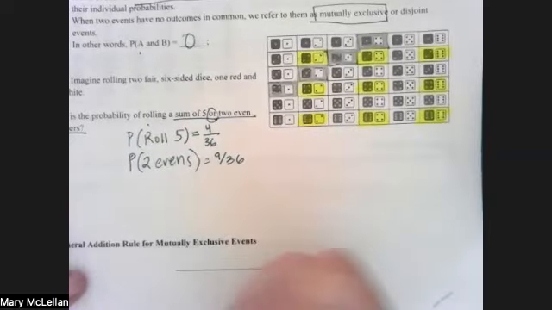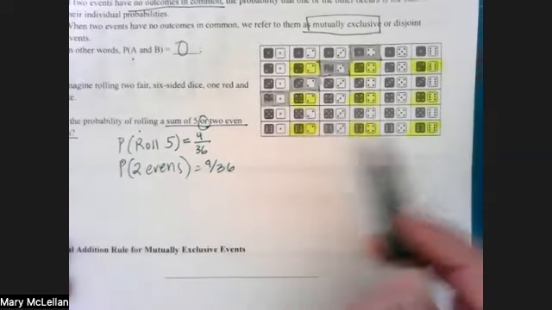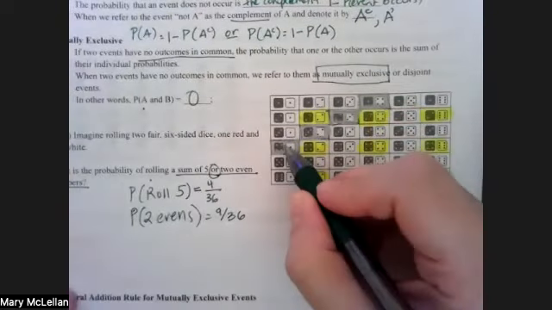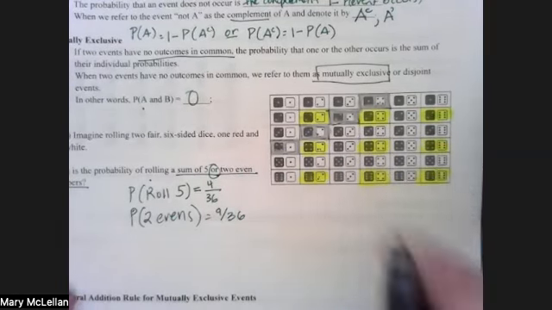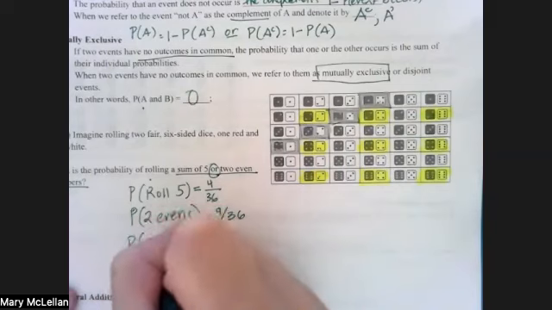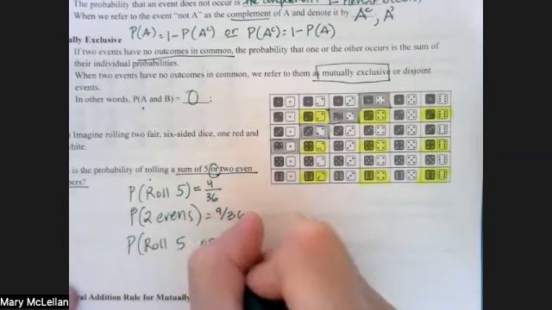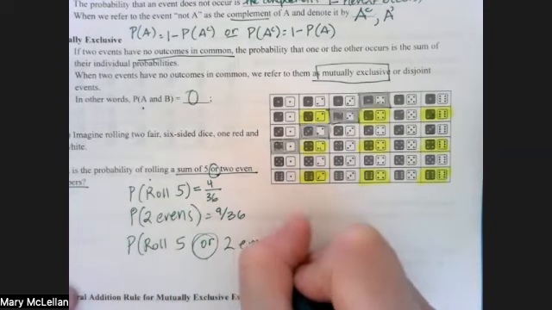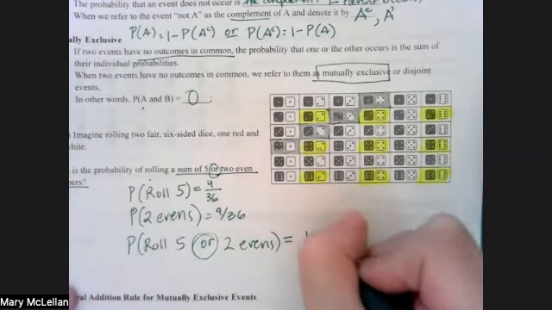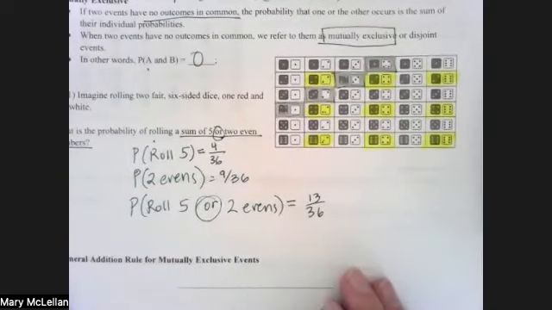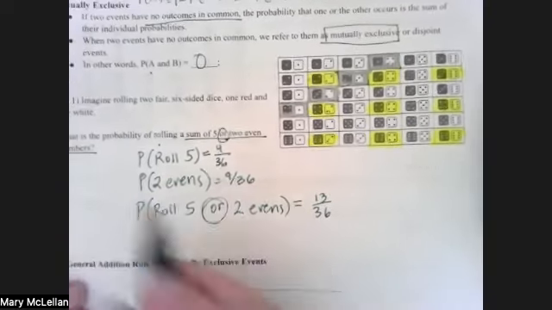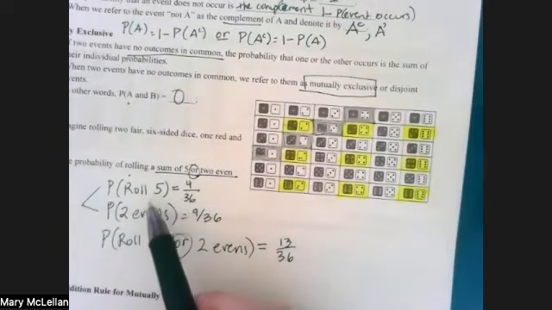And the probability that at least one of these things happens is going to be their combined probability. So it's going to be 1, 2, 3, 4, 5, 6, 7, 8, 9, 10, 11, 12, 13. So the probability that I roll a sum of 5 or 2 evens equals 13 out of 36. Now notice that there's no way to roll a sum of 5 and get 2 evens.